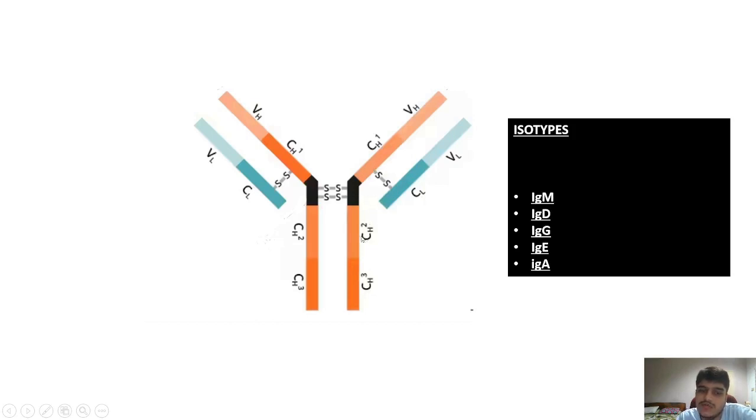For example, if the constant region of the heavy chain consists of a mu chain, it will be IgM. If it has a delta chain, it will be IgD. If it has a gamma chain, it will be IgG. Epsilon chain, it will be IgE, and alpha chain, it will be IgA.